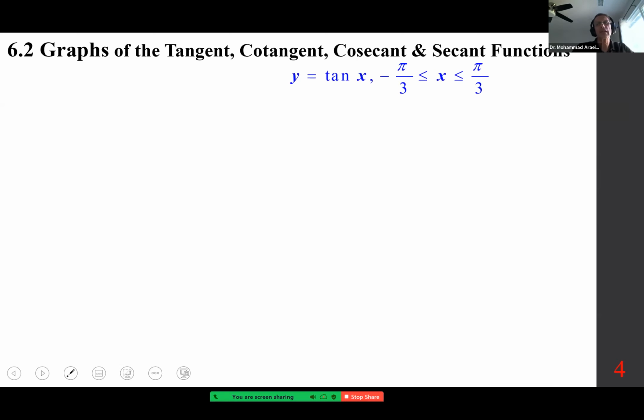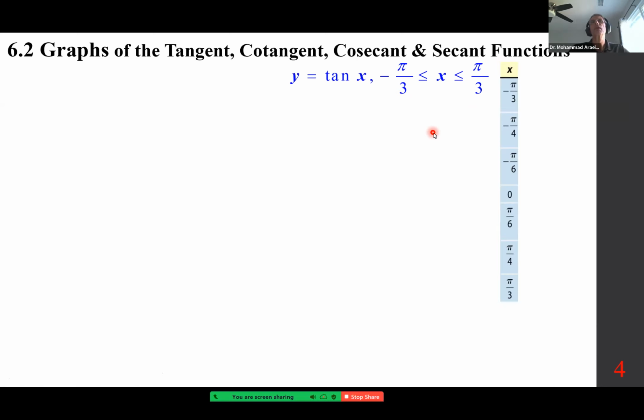So first, let's look at tan x from negative pi over 3 to pi over 3 to give you an idea. And just as any other function, we just plot a few pairs, and we are going to use easy numbers such as 0, pi over 3, pi over 4, pi over 6, and the same thing, the -1. For example, we know tan of 0 is 0, tan of pi over 4 is 1, so on and so forth.